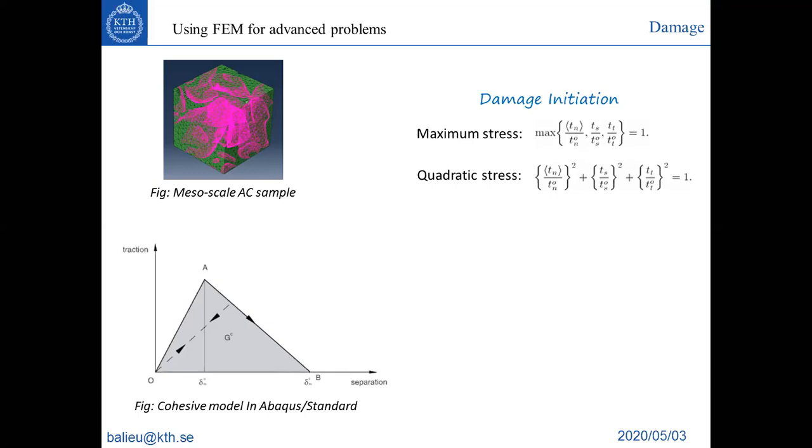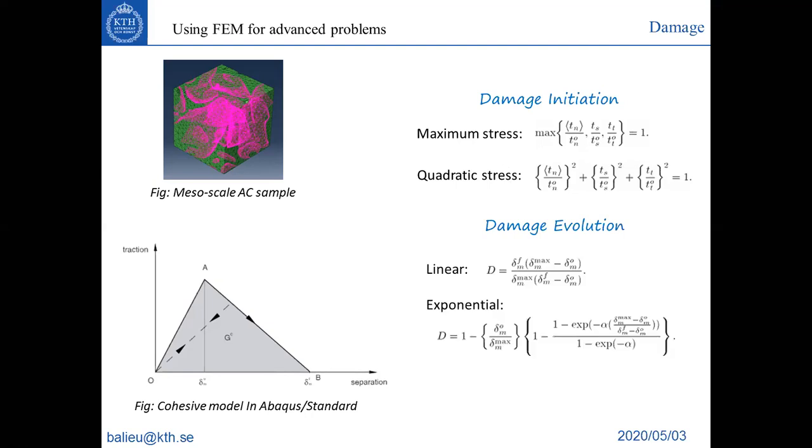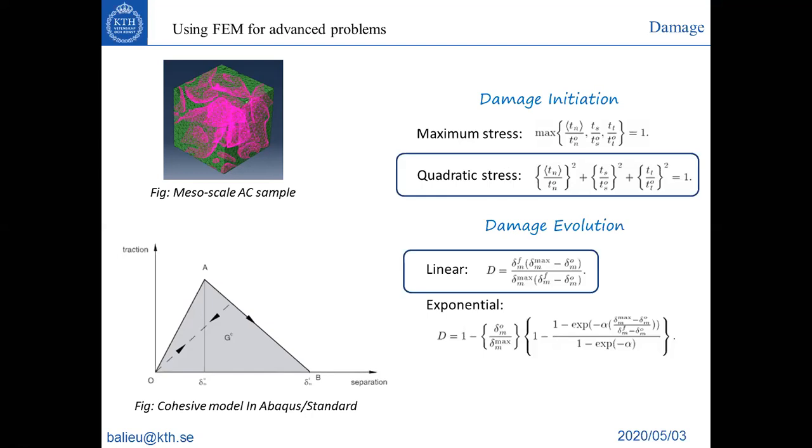And once the interface starts to degrade, there is also a damage evolution. This damage evolution can be linear or exponential. If you use the quadratic stress, the combination of different ratios to get the yield, and if you use a linear evolution, this is what you are using in exercise B.